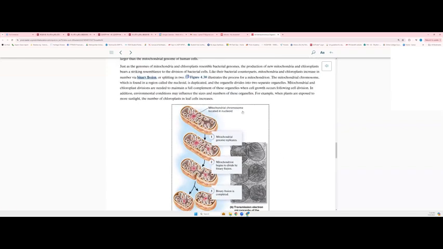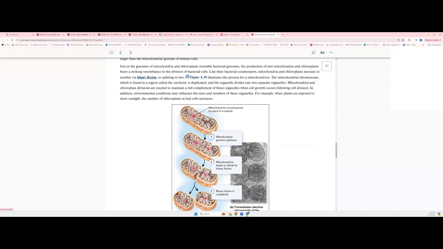First, mitochondria have a genome, they have a chromosome. The chromosome located within the mitochondria is duplicated, from one it becomes two.